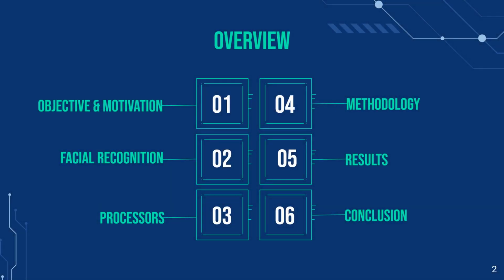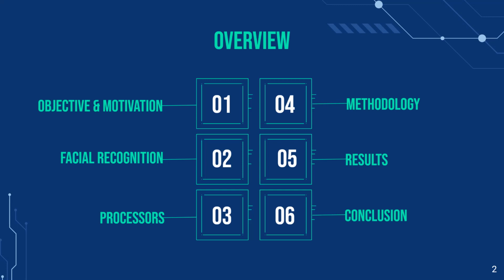For our overview, we'll be talking about our objectives for this project, as well as our motivation of why we wanted to work on facial recognition. Then we'll talk about what facial recognition is. We'll try and answer all your questions on what facial recognition is, how it is helpful, what it does, and where it can be found. After that, we'll talk about the different types of processors we used for this project.